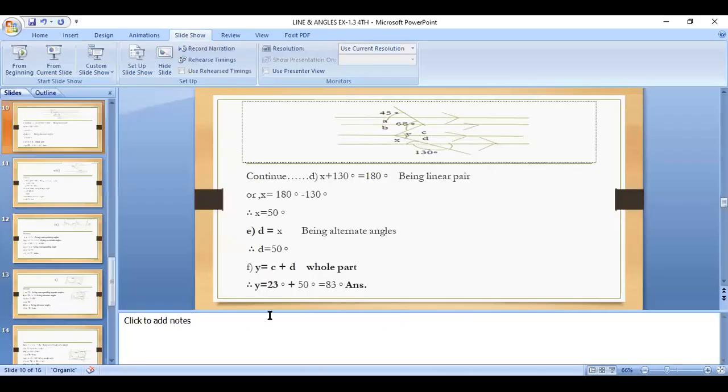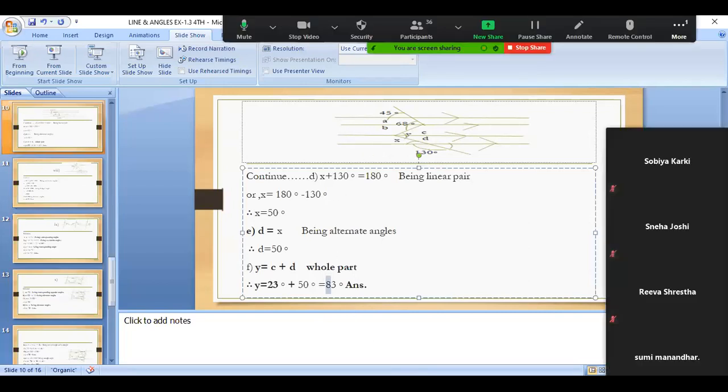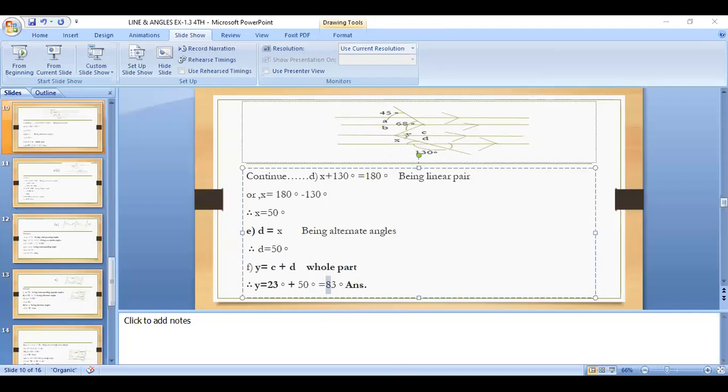There must be 73 degree. 23 and 50, if you add, then it will come 73 degree.